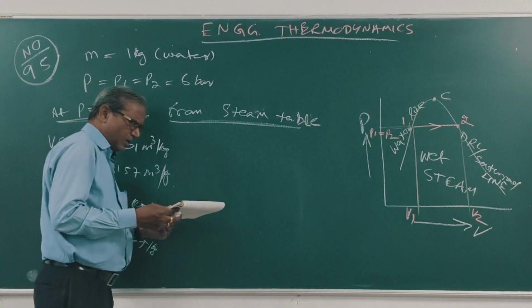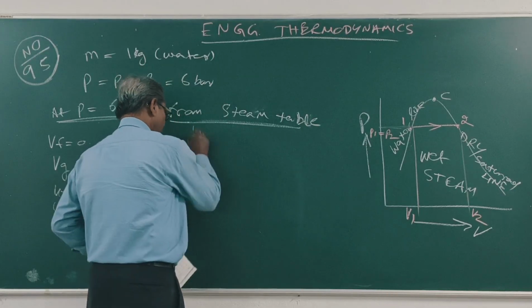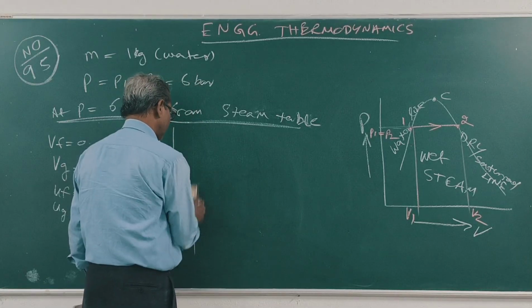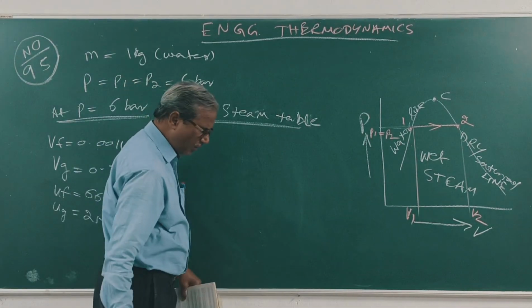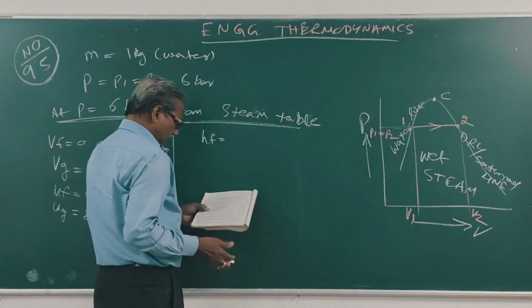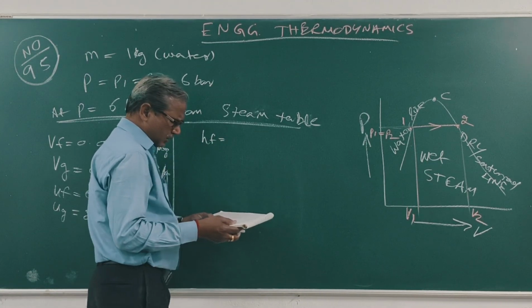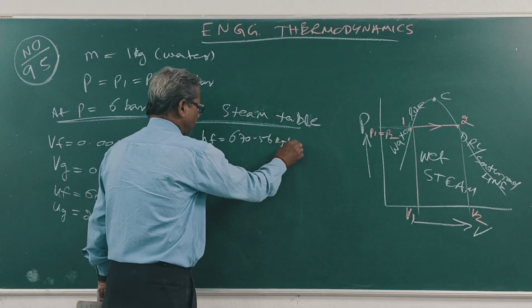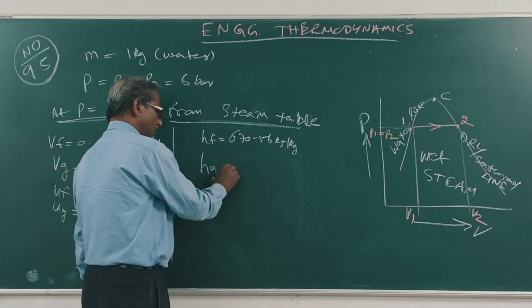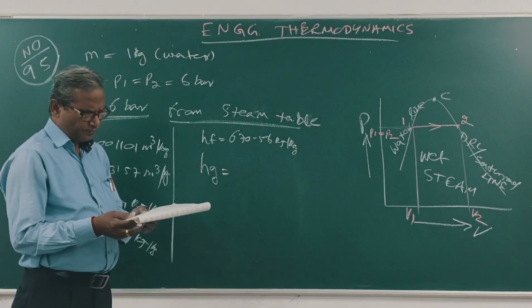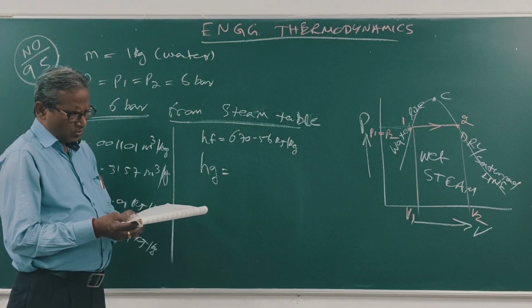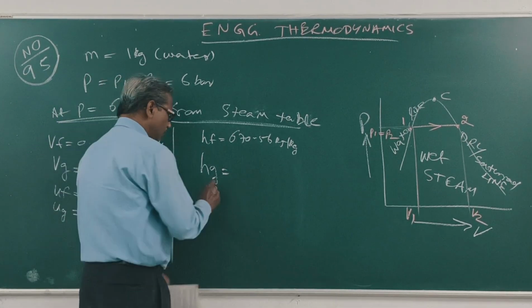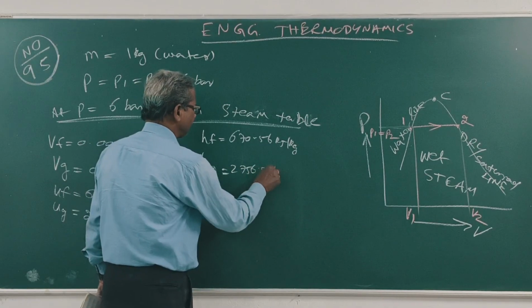Next, hf is equal to 67.56 kilojoule per kg. Hg. Clear? Hg is equal to 2756.8 kilojoule per kg.